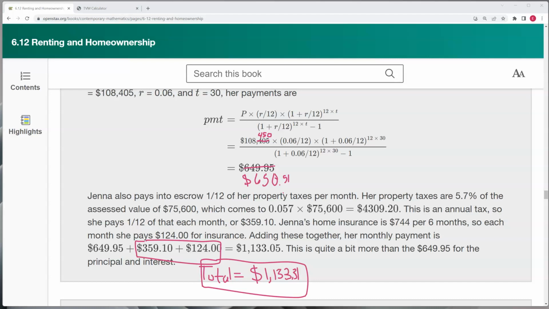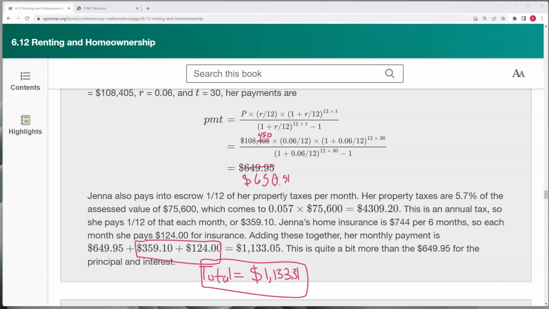So it may seem like your house payment's going up. No, your house payment itself is the same. It's the money needed to go into the escrow account to ensure that your insurance and your property tax are covered that is increasing.